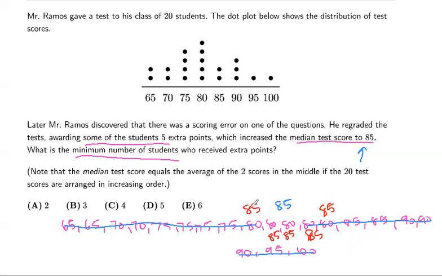But this 80 doesn't have to be 85. Okay, so which is why we don't have to give the extra 5 points to the students who received 80 in the first grading. So only these four students who received 80s should receive extra 5 points, which is why the minimum number of students who are going to get extra 5 points is actually 4.